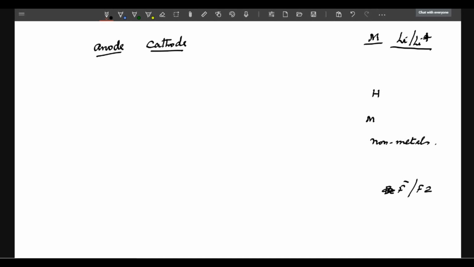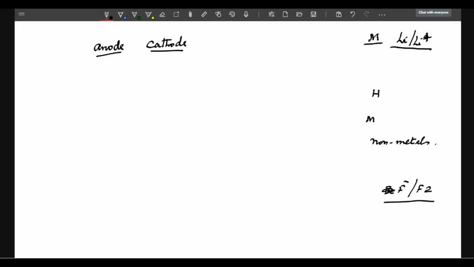It cannot be changed into a cathode because there is nothing above it. Similarly, fluoride bar fluorine would always act as the cathode. The highest oxidation potential is the anode, the lowest is the cathode, and these two will never change their electrode nature. But in between cases, they can act as anode or cathode.